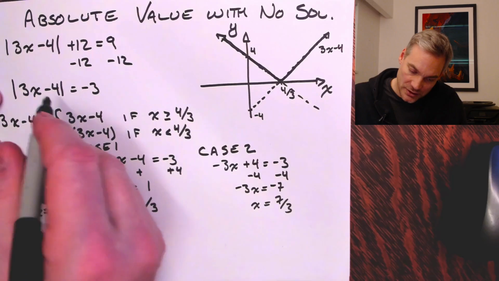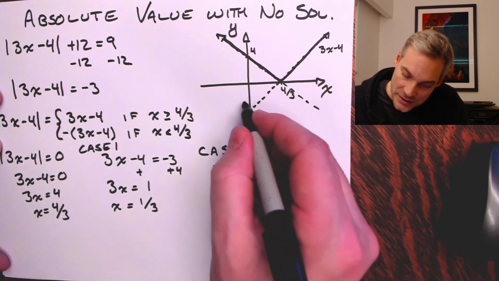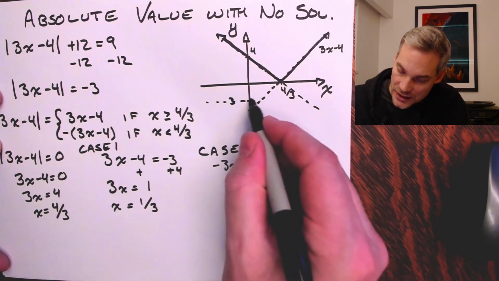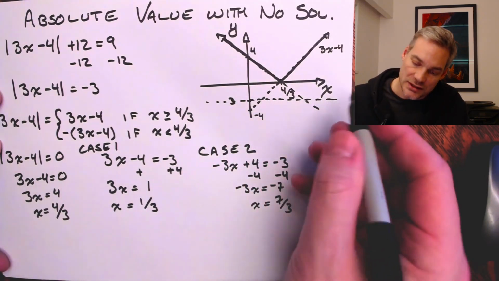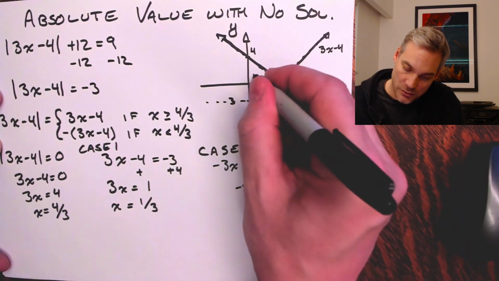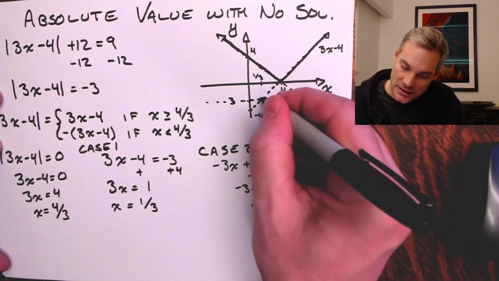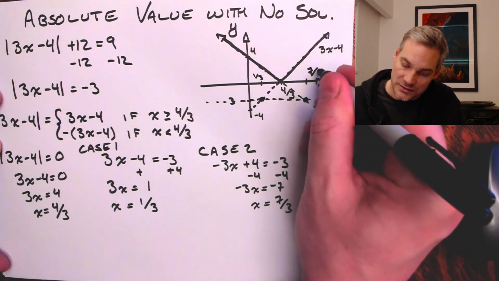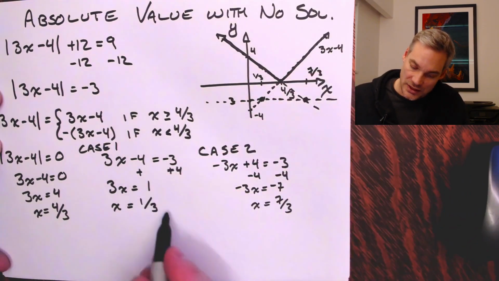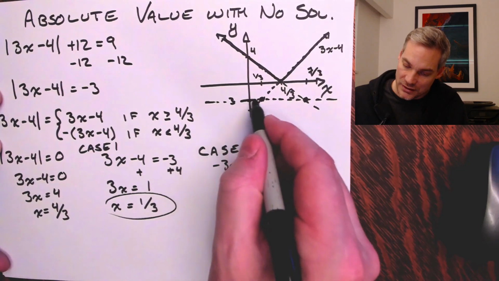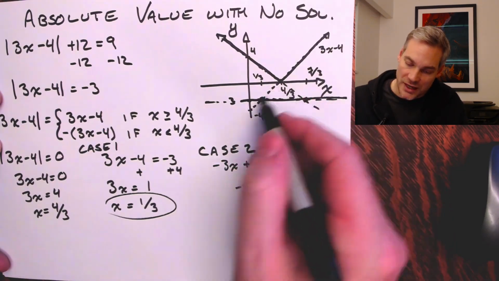So in this case, we can also say that at negative 3, there's this line that goes across, and we want to know when it equates to that. So here at 1/3 is when it intersects here, and when it intersects here is at 7/3. So this solution intersects on a part of the graph that doesn't exist.